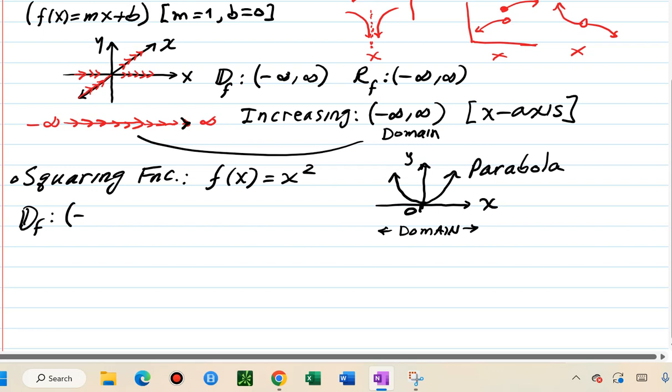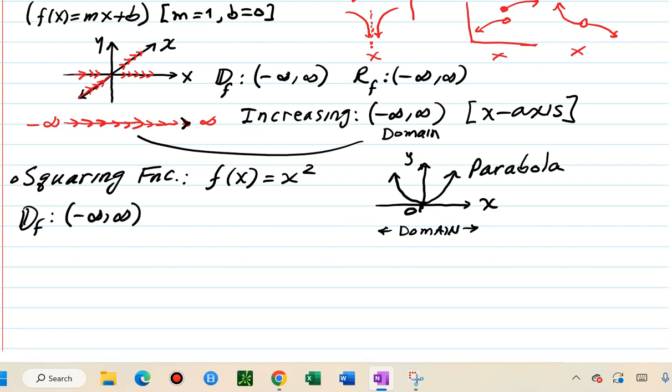So the domain is negative infinity to infinity. The range, we look at the y values along the y-axis. It looks like the function is always going to be above 0, so the range is from 0, including 0, which happens when x is 0, to infinity.